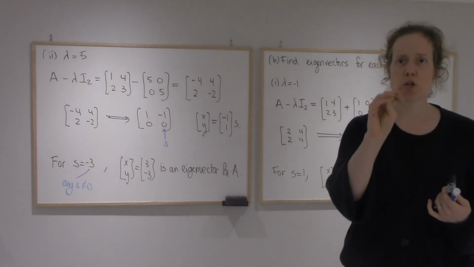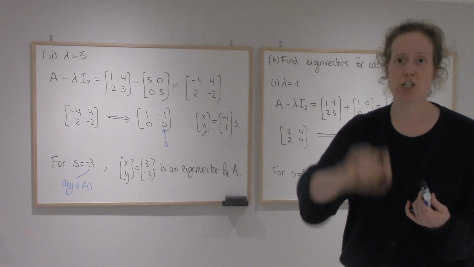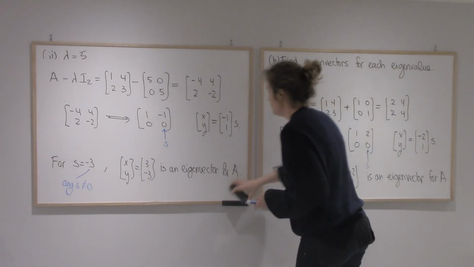Now just to make sure we realize what this means about the matrix, let's graph the action of that matrix on our 2 eigenvectors.